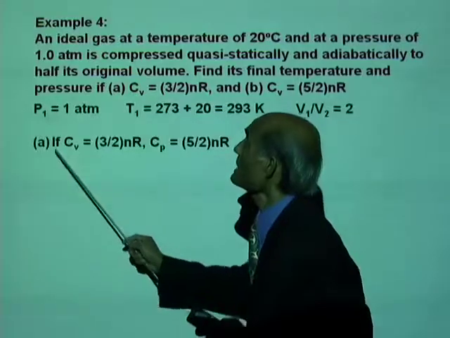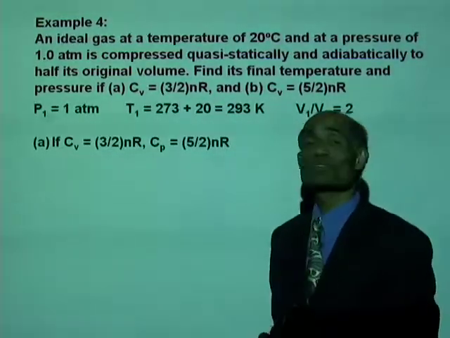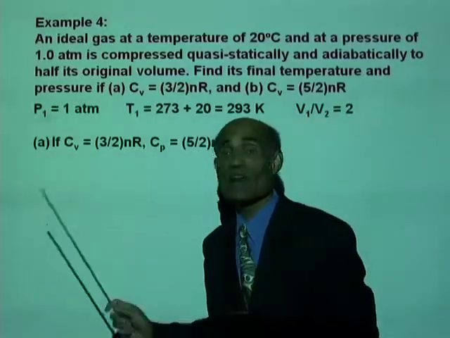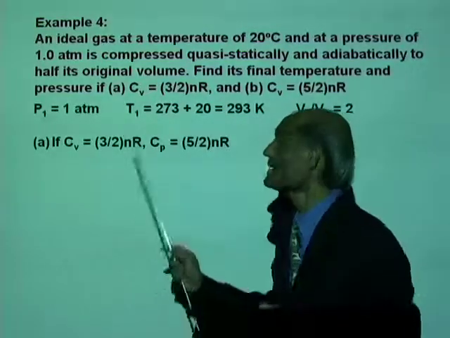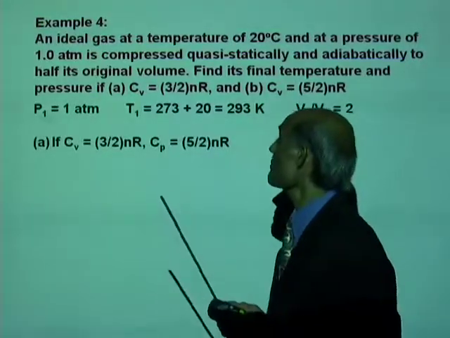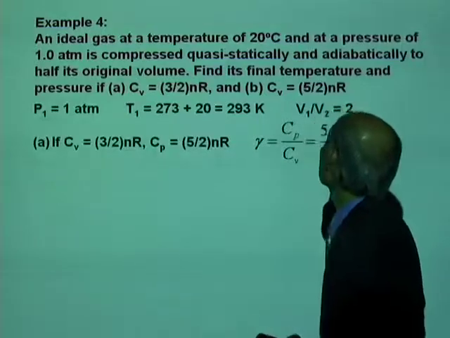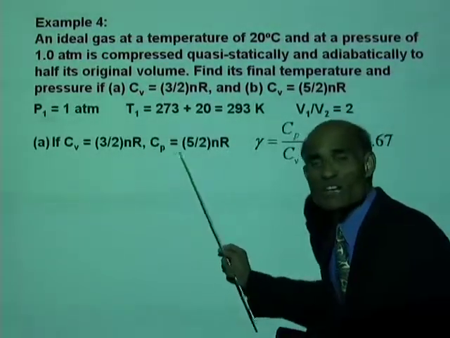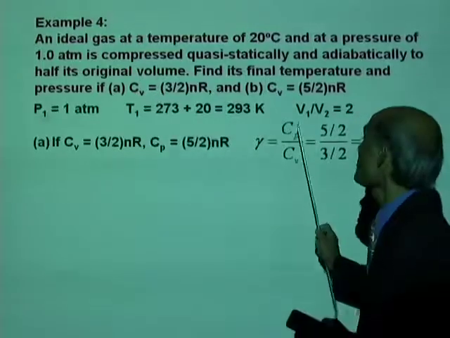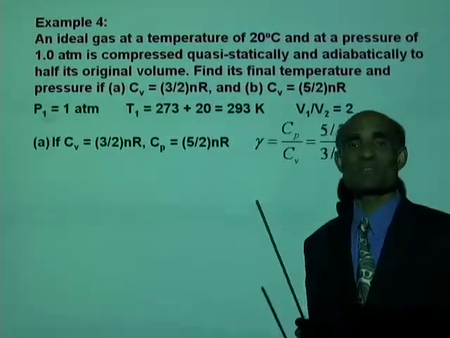Alright. Let's take case 1 where CV equal to 3 over 2 nR. If CV equal to 3 over 2 nR, then Cp will be 5 over 2 nR, and that means gamma will be equal to 1.67. Actually, we don't need that step. You know, for a monatomic gas, gamma is 1.67.